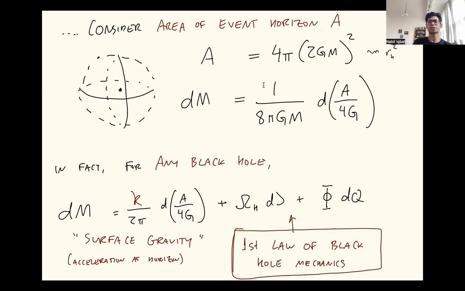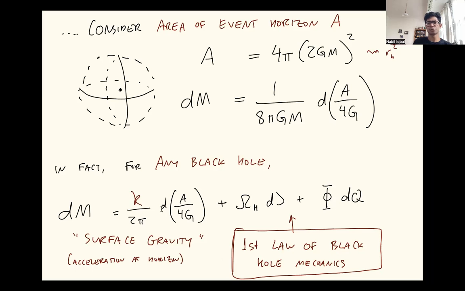Now, this something turns out to be, in general, called the surface gravity of the black hole. It measures sort of the acceleration if you're hovering at the black hole horizon. It measures how much acceleration you will feel pulling you into the black hole. And in fact, normally we call this surface gravity kappa. And it's a fact that for any black hole, which you remember is completely characterized by the mass, the charge, and the angular momentum, we can write a formula that looks like this: dM, M being the mass of the black hole, is equal to kappa, the surface gravity, times dA, plus something else times dJ, plus something else times dQ.